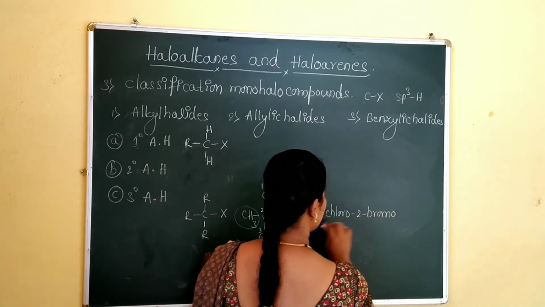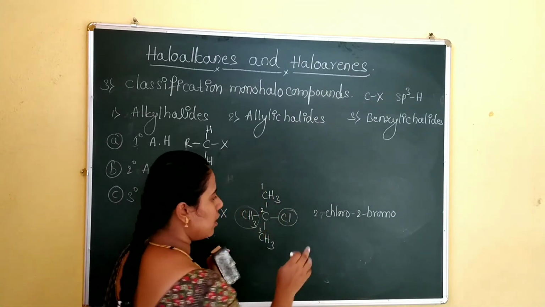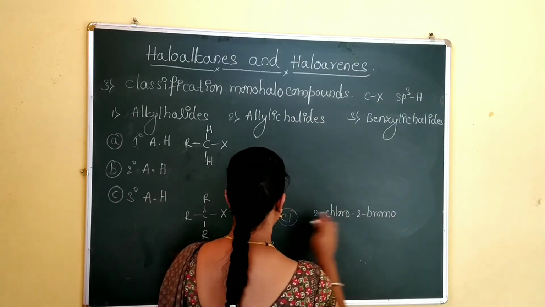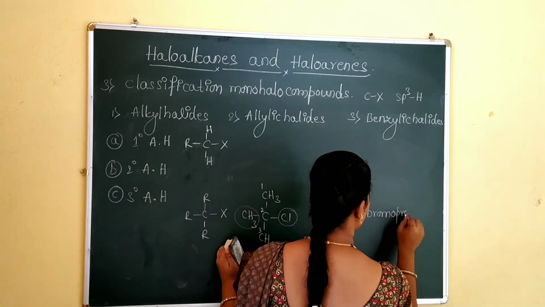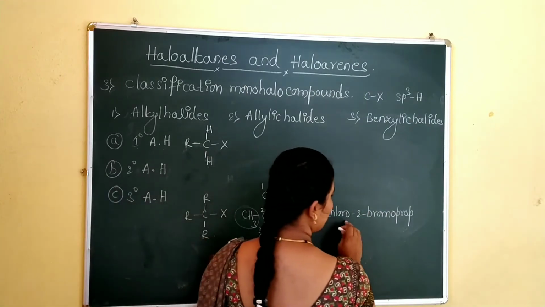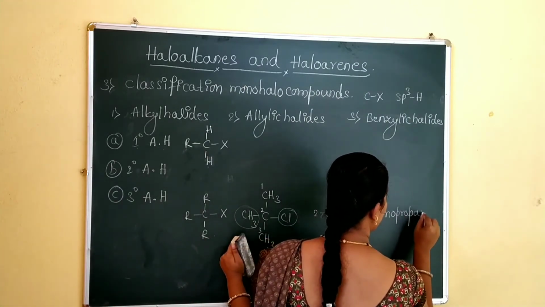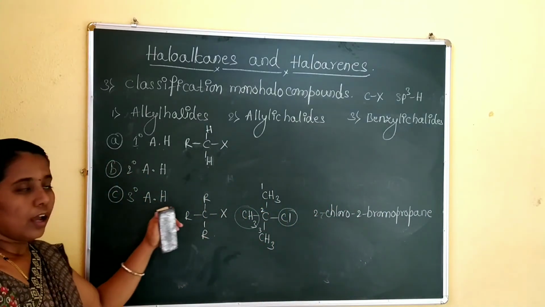Your IUPAC name must be a single word, and all should be small letters. Prop is the root word, and all are carbon-carbon single bonds. Therefore 2-chloro-2-methylpropane is the name of this tertiary alkyl halide.